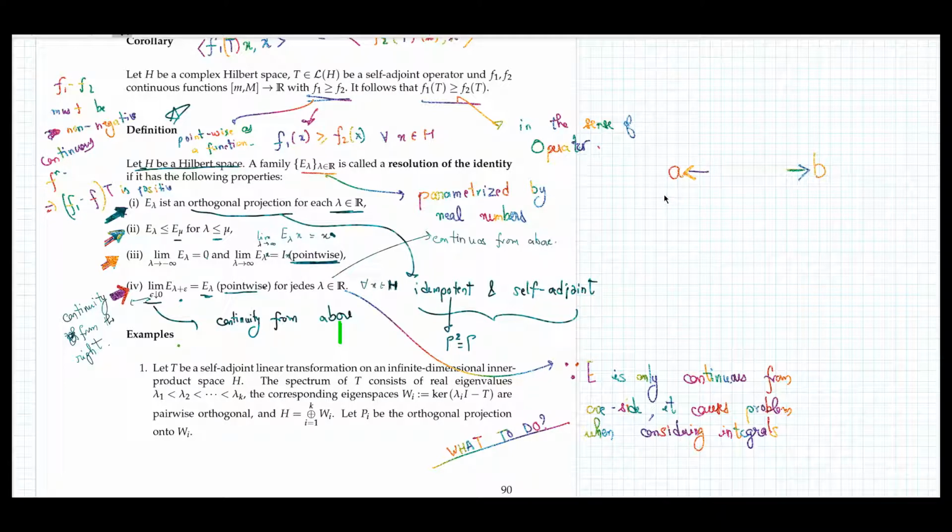Now consider this. If you have a function defined on the closed interval [a, b], what the spectral family, or resolution of identity, tells us is that this is continuous in this direction, no? But it's this direction which is causing the problems. It's always continuous this way, because we are taking epsilon to 0 from the positive side, but here it's not continuous from this way, and that is the reason why we need to take m minus delta.